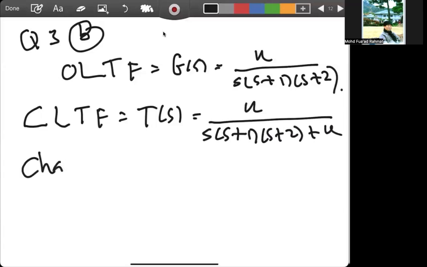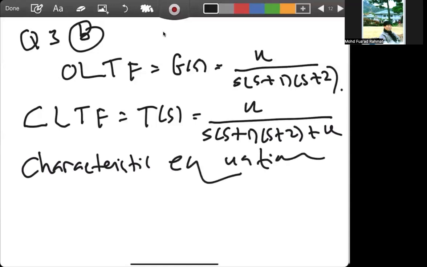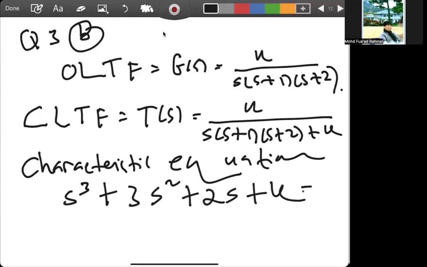Find the characteristic equation, which is s cubed plus 3s squared plus 2s plus K equal to 0.